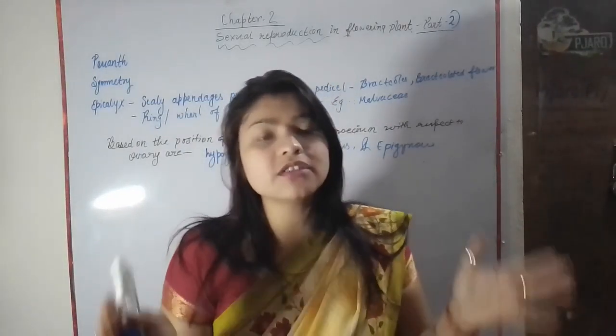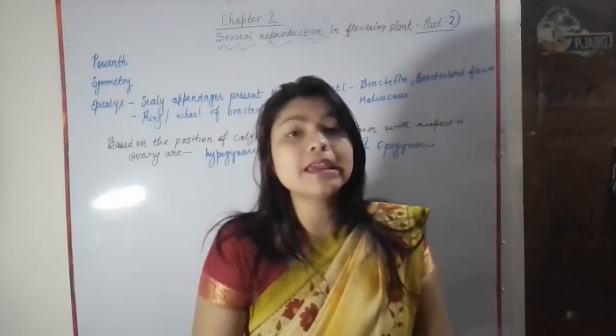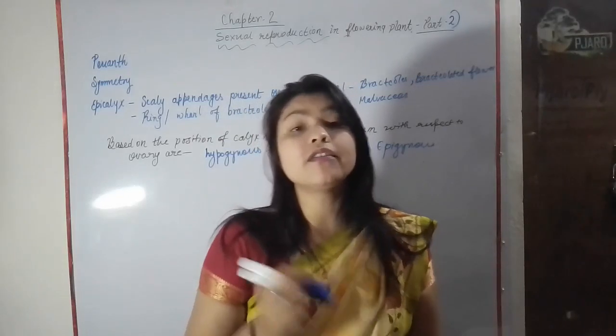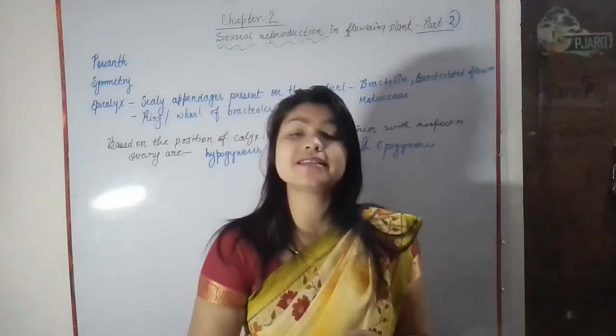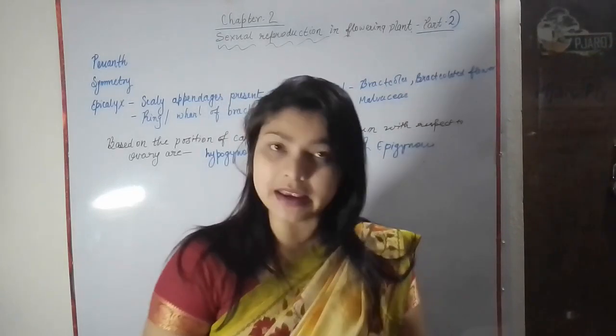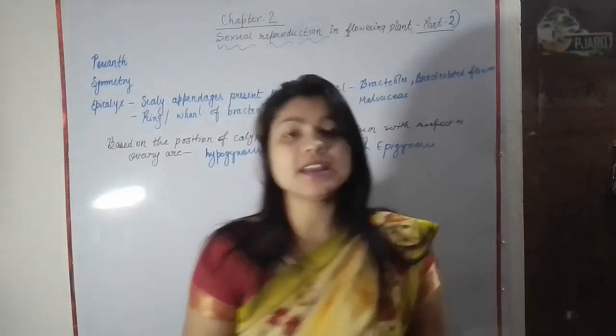Actually, both are fused together to form the perianth. Clear? When we fail to distinguish between the calyx and corolla, the term we use is the perianth, and the unit of the perianth is the tepal.